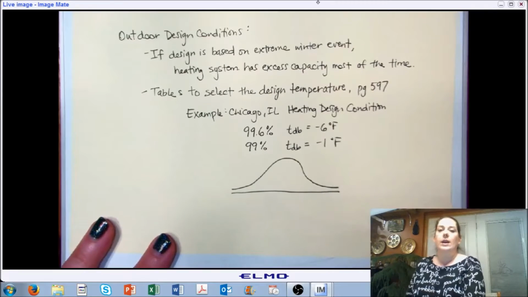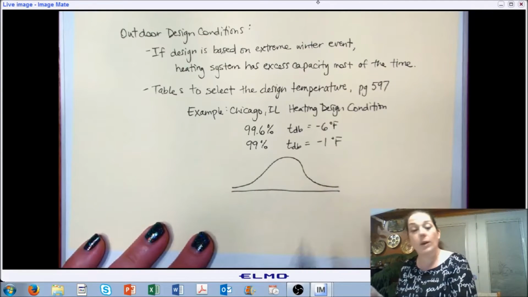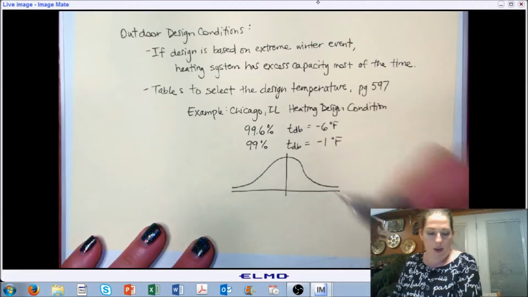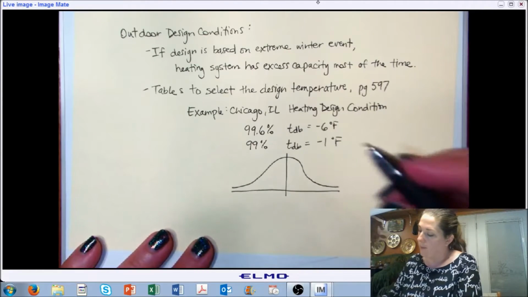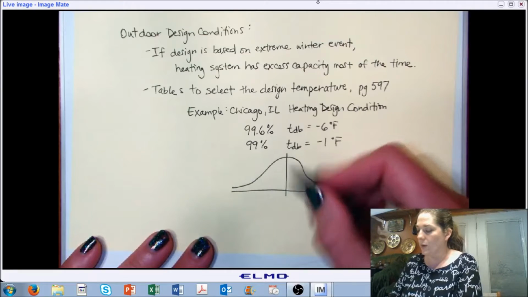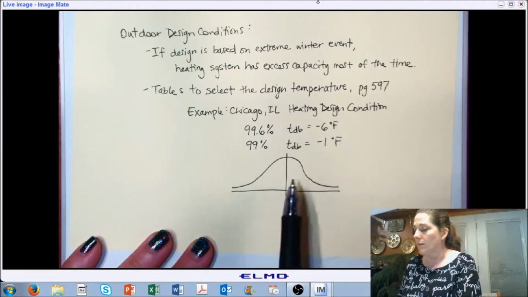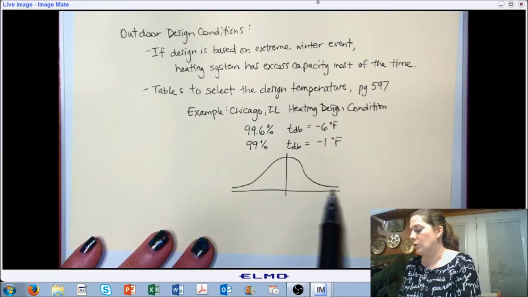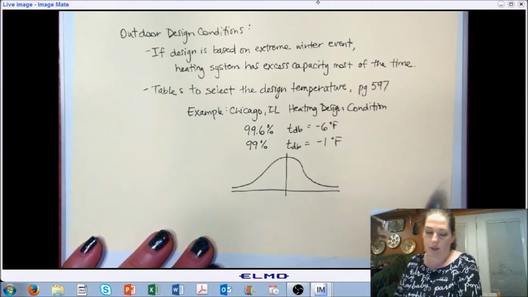But essentially, this is a very poorly drawn normal distribution curve, and our weather conditions, this would be the average weather condition, the median weather condition. These are all the temperature occurrences above that and all the temperature occurrences below that.